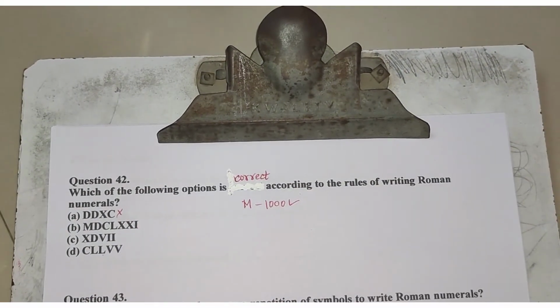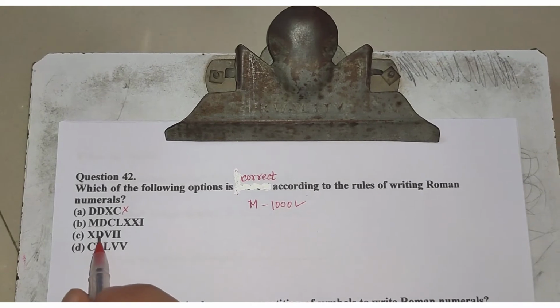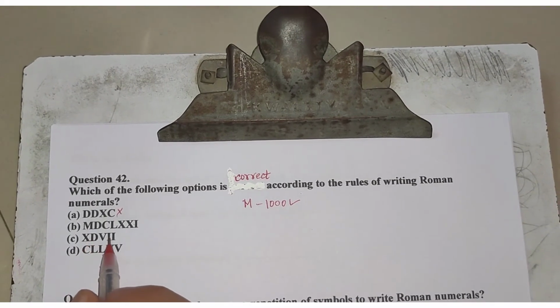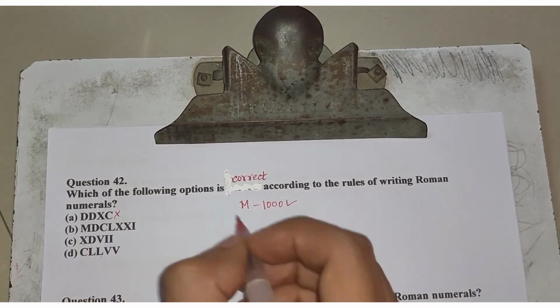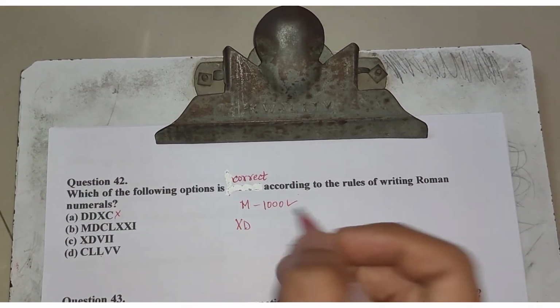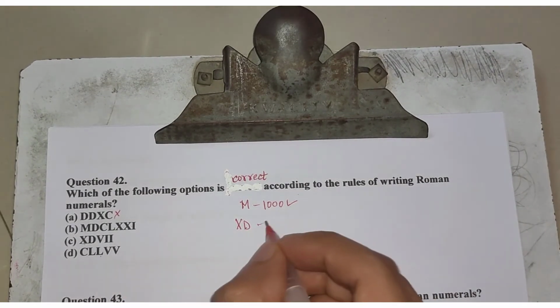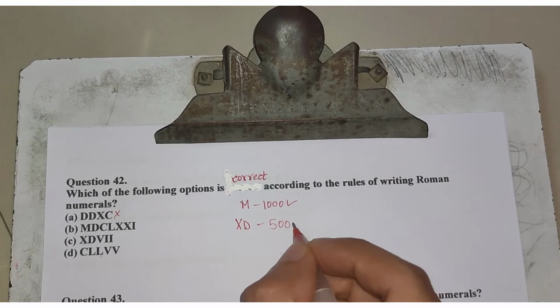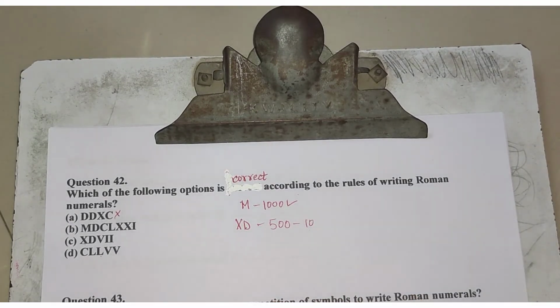Next, moving further, here it is given as XD. We never write 500 minus 10. XD means, if we use the rule that the left-hand side has to be subtracted, 500 minus 10, right? But do we ever write 500 minus 10 like this?